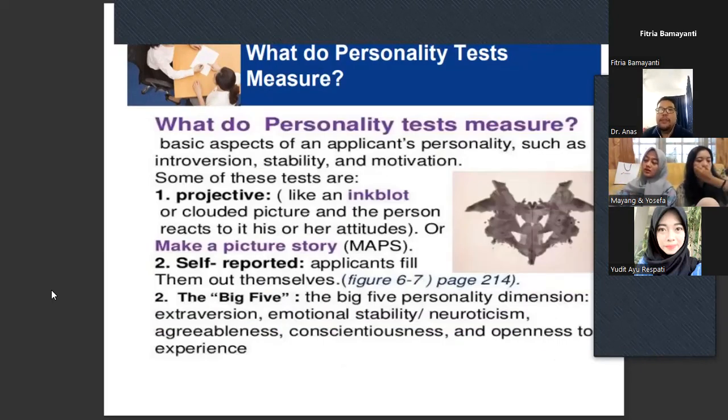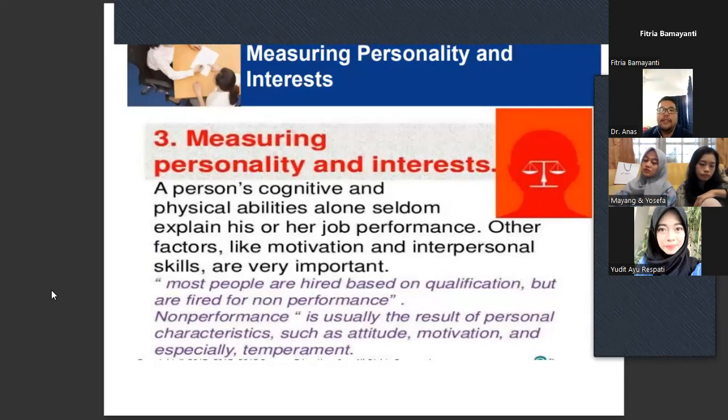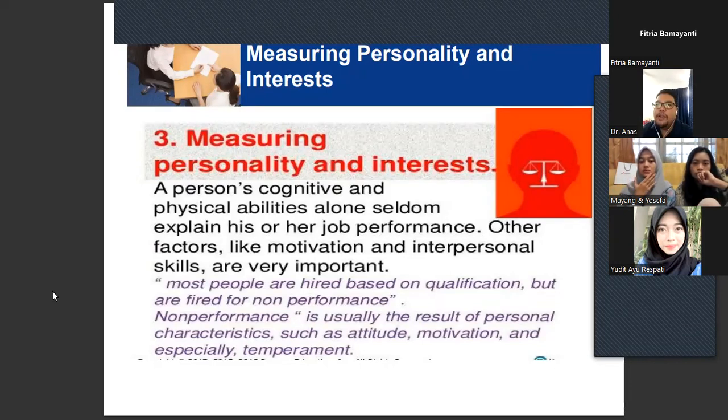Before that, measuring personality and interest. A person's cognitive and physical abilities alone seldom explain his or her job performance. Other factors like motivation and interpersonal skill are very important.